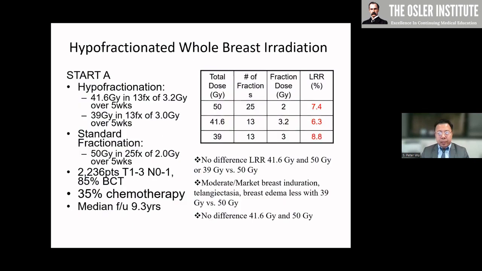So hypofractionated radiation delivered over 3 weeks finds its genesis in several trials even before START A, but these are probably the most well-known randomized trials. START A looked at a different regimen. It was 41.6 gray in 13 fractions and compared it to 50 gray in 25 fractions.